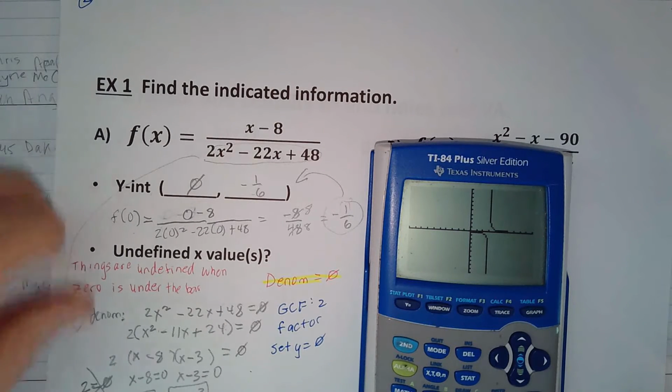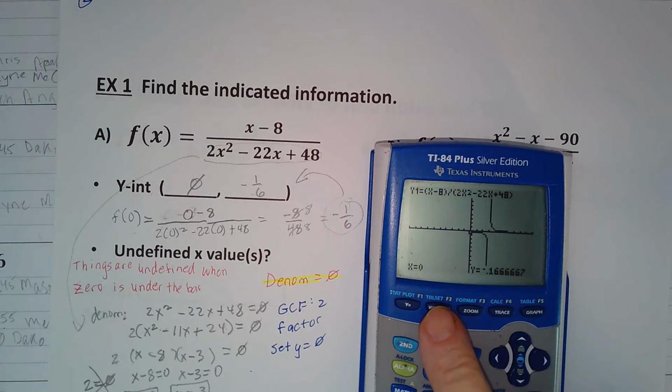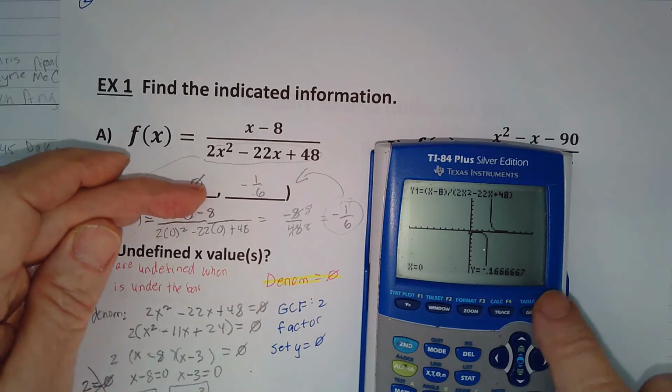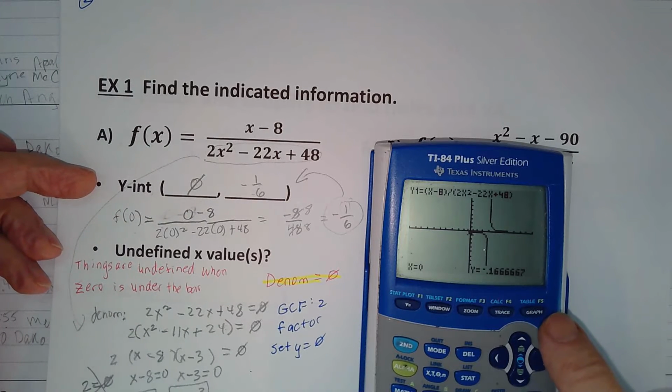Now here's the thing. If I let x equal 8, let's see what my y is going to be. I'm going to click the trace button, and you'll notice x equals 0 right now, and y equals negative 0.1666667, which is actually the decimal version of negative 1 over 6, because this is the y-intercept up here, right?